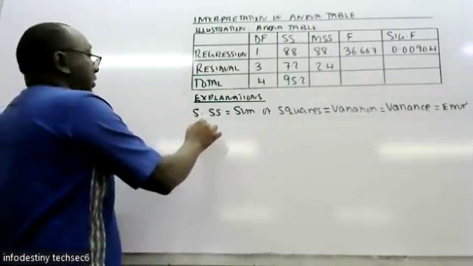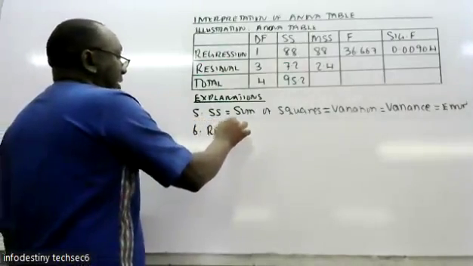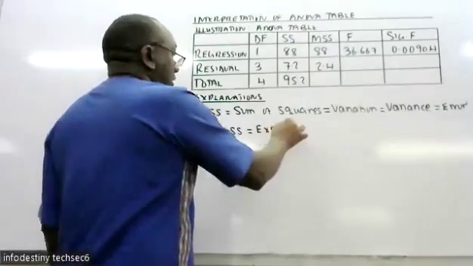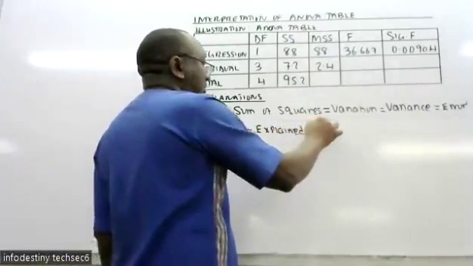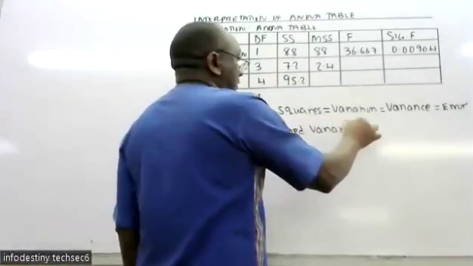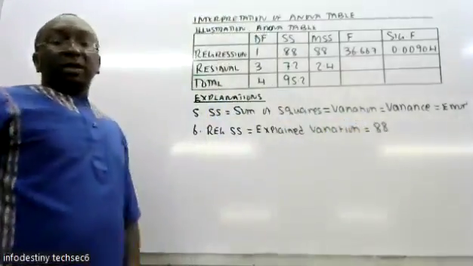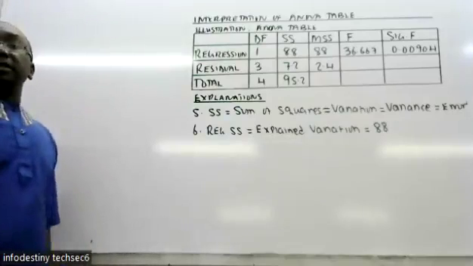Point number 6 is regression SS. Regression SS is what in our notes we called explained variation, which is the 8.